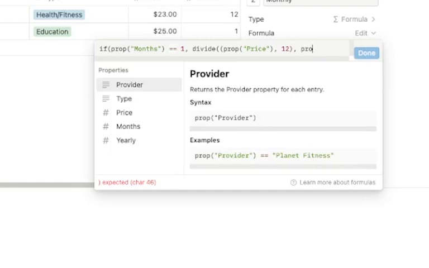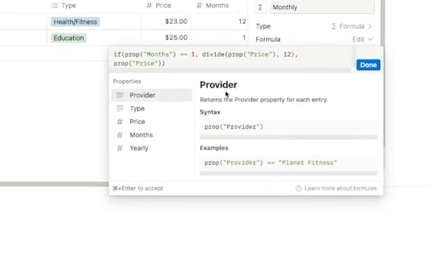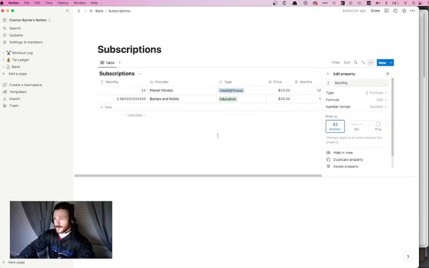Now, if it isn't 1, then it will defer to property price. Throw in a parentheses. There we go. So in this case, we spend $25, and it's times 12 months.